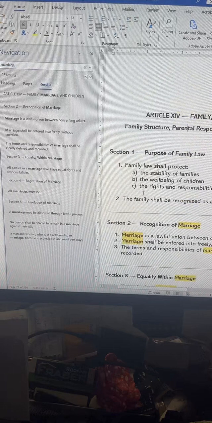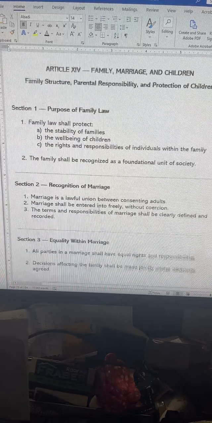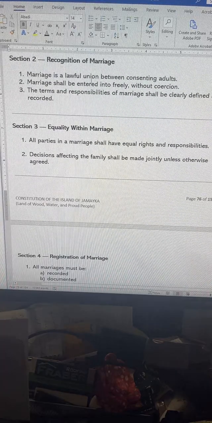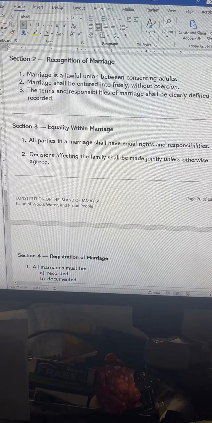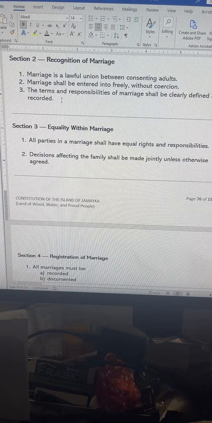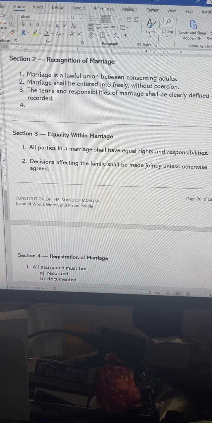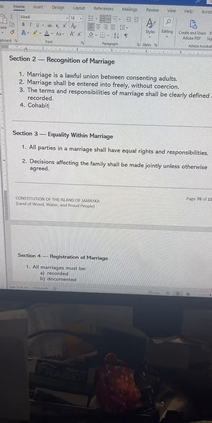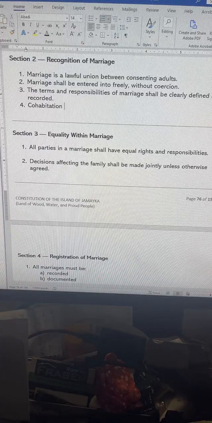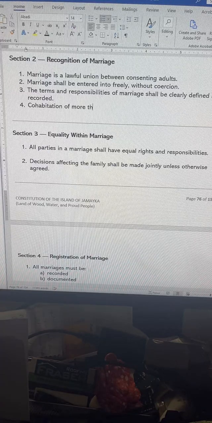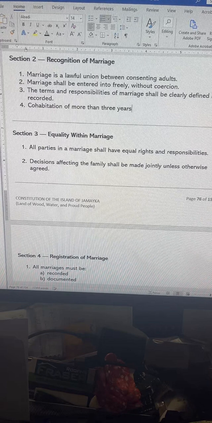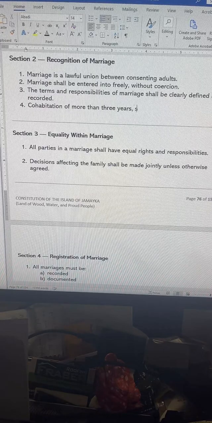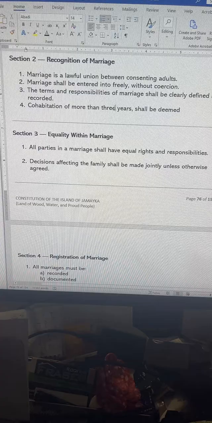All right, so here we go. Family, marriage, and children, right? Purpose of family law, recognition of marriage. Terms of marriage and responsibility. All right. So, cohabitation, we need to add this: cohabitation of more than 3 years shall be deemed, well, matter of fact, let us set it at 2.